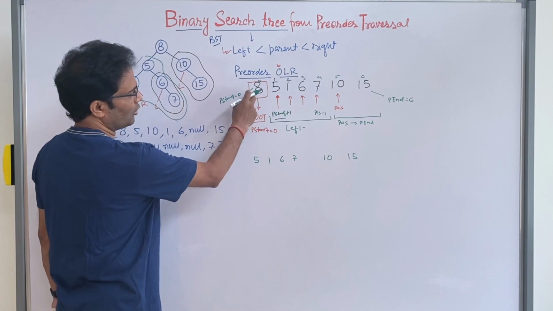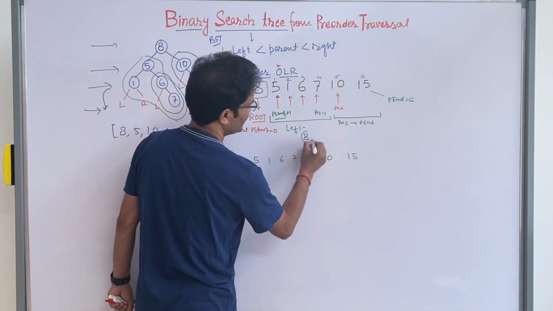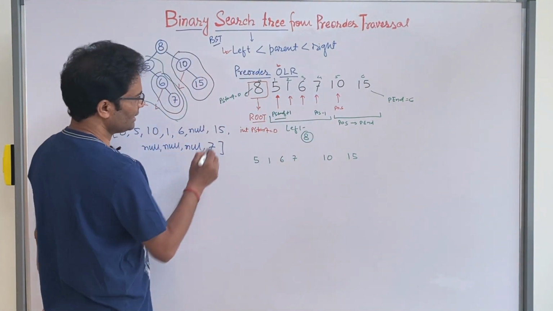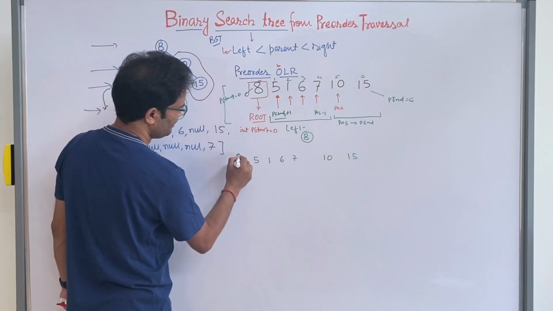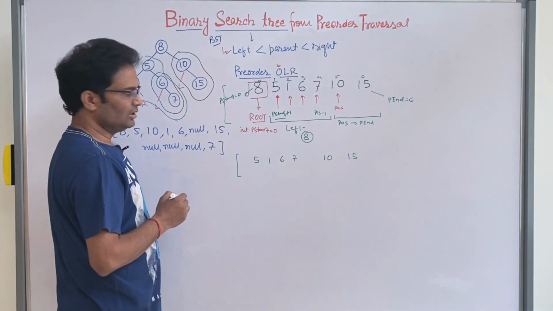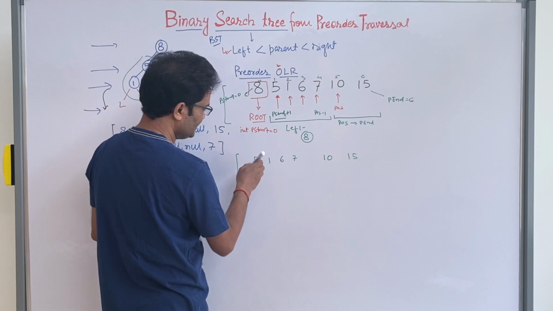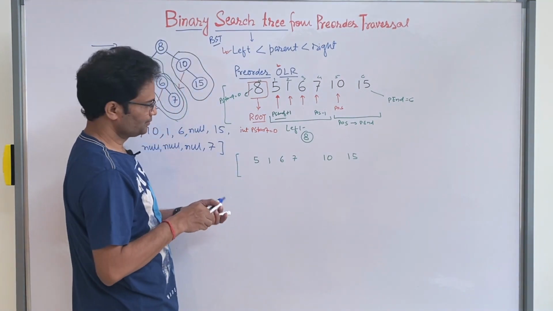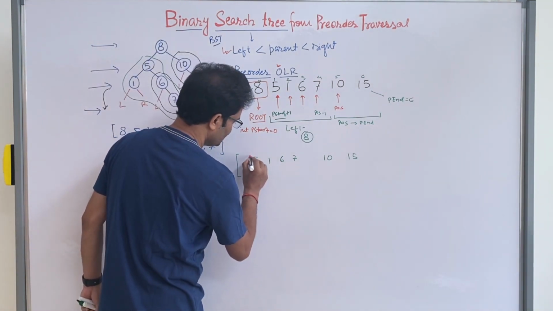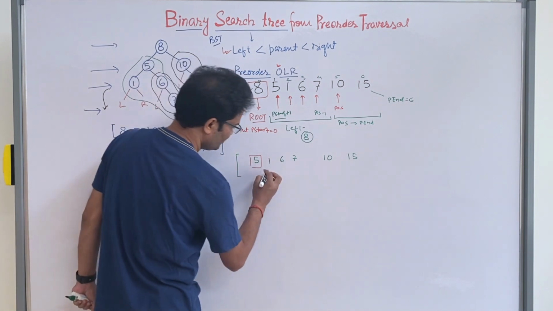And from here we already got that my parent is 8. So whatever you have done here, do the same thing here. In this case, again this 5 will become your root, and start from here.